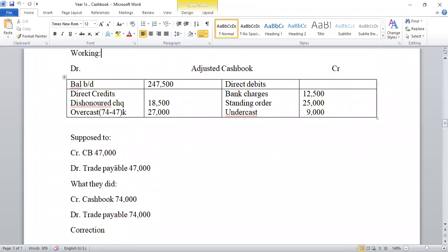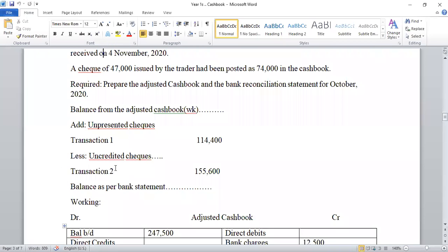So we're looking at particularly this check, a check of 47,000 issued by the trader that had been posted as 74,000 in the cash book. So the first thing you appreciate is what was the wrong thing that they did.